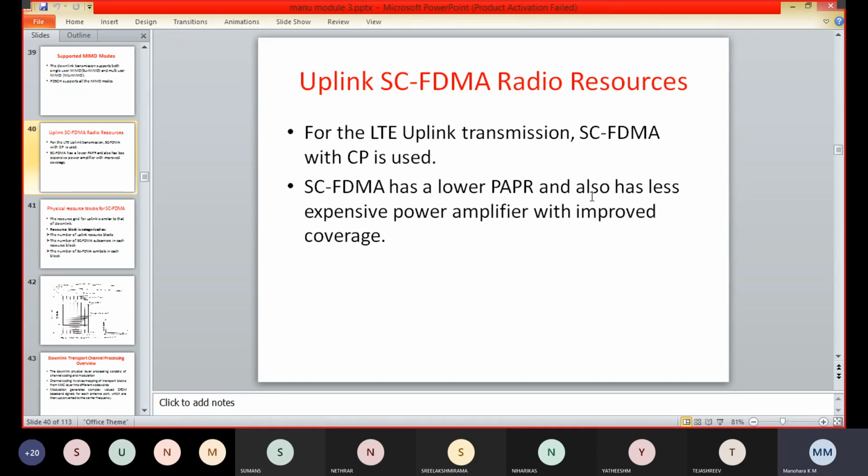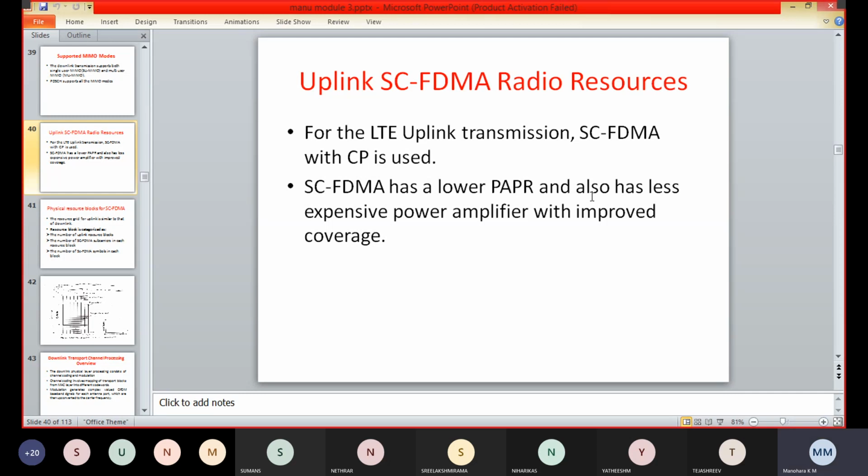Nevertheless, the uplink transmission has its own properties that are different from the downlink. Only localized resource allocations and consecutive subcarriers are allowed in the uplink.